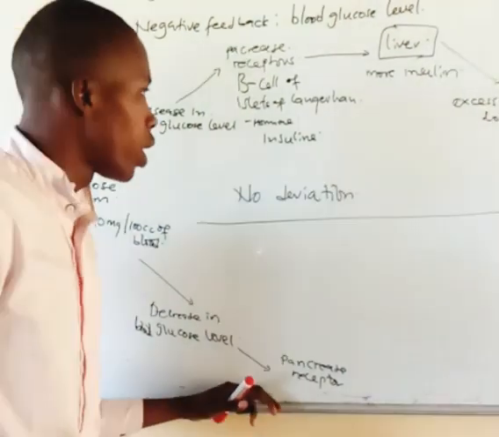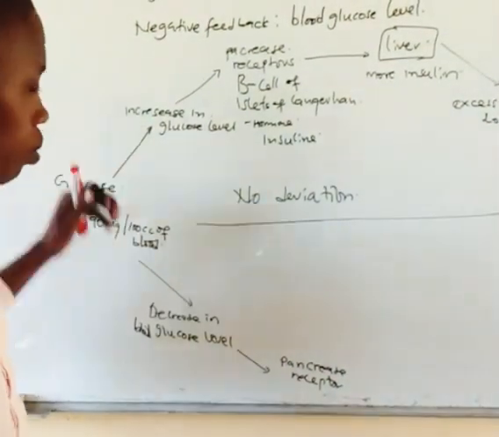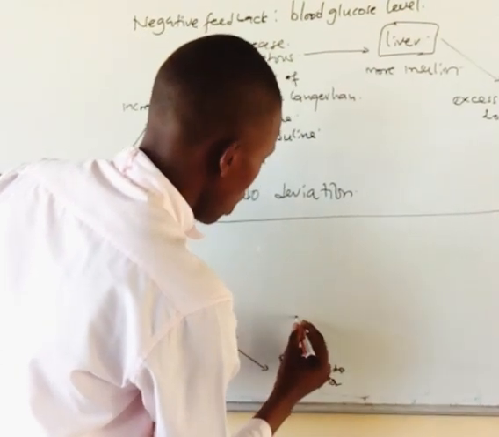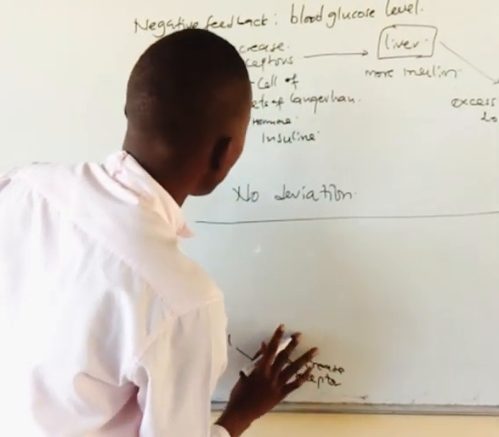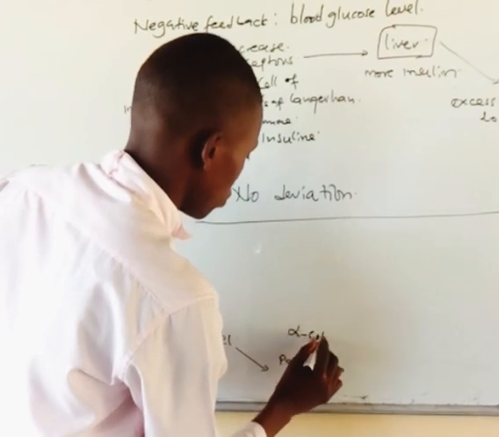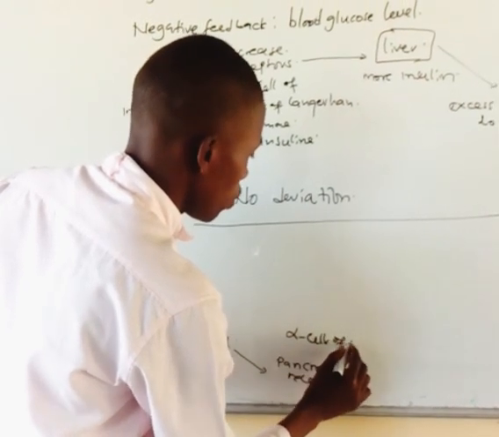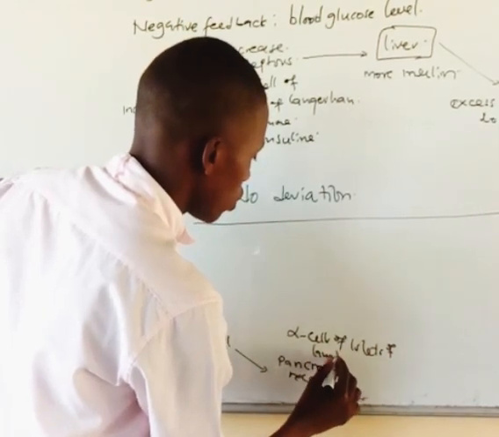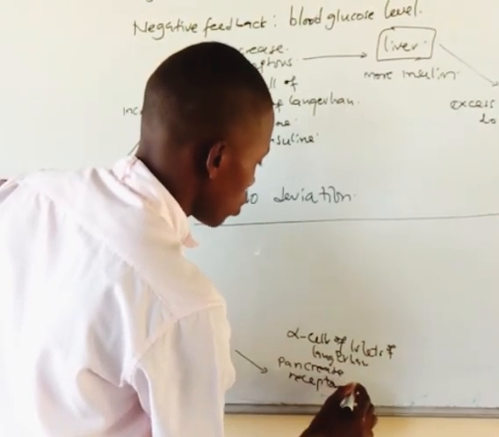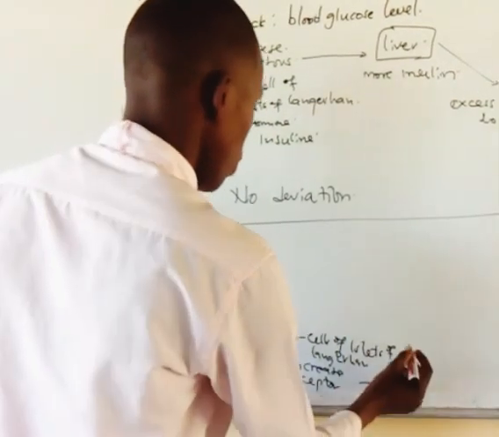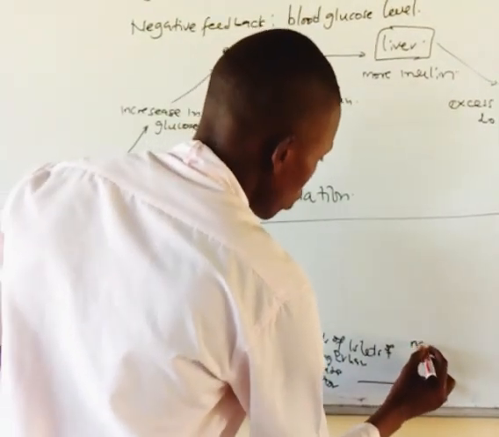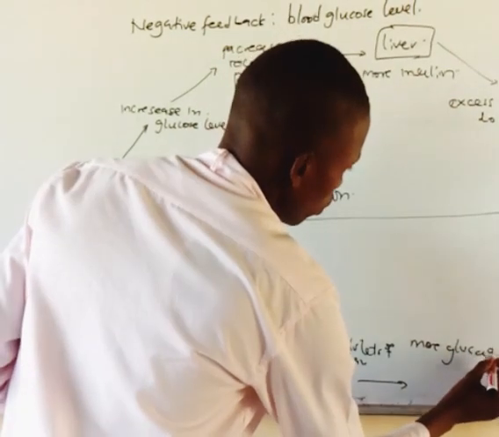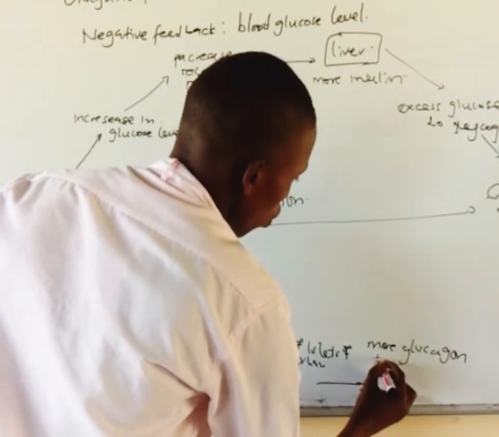It stimulates the alpha cells of the islets of Langerhans to secrete more glucagon hormone.